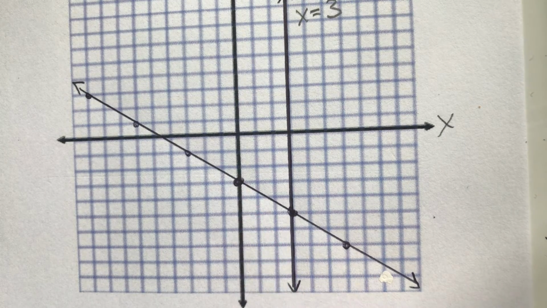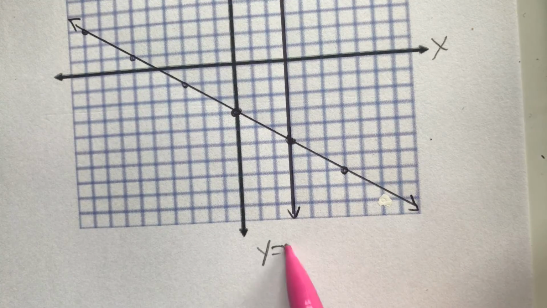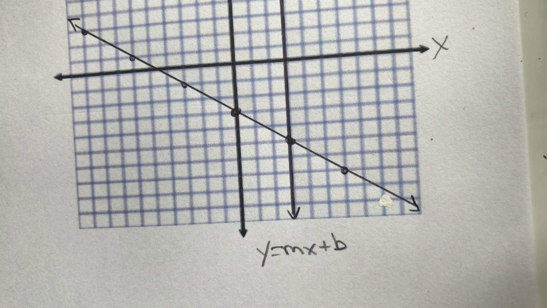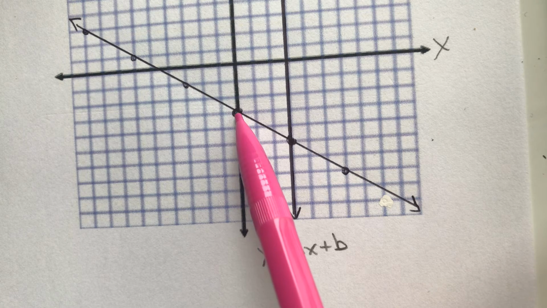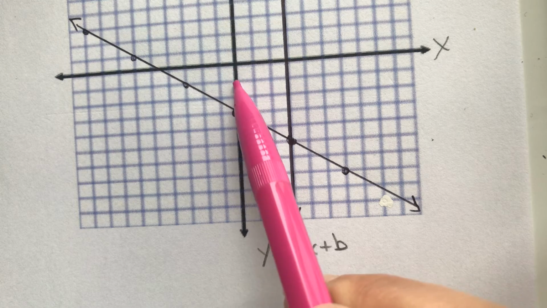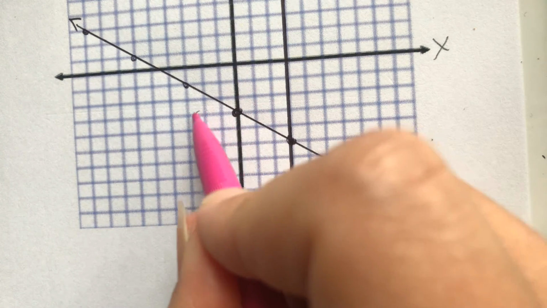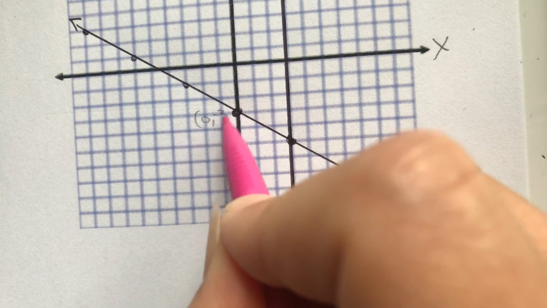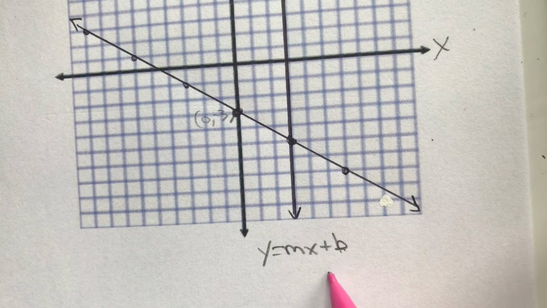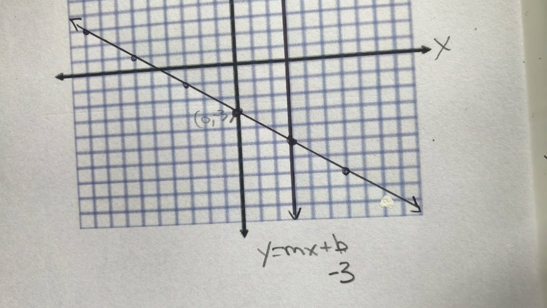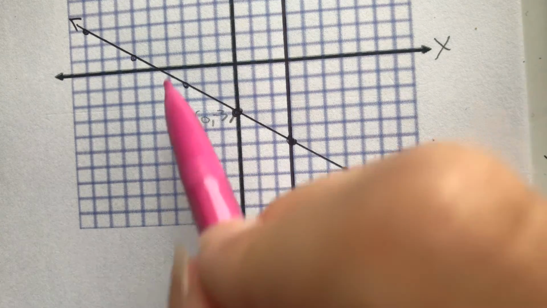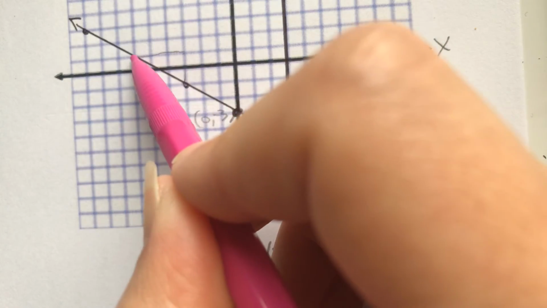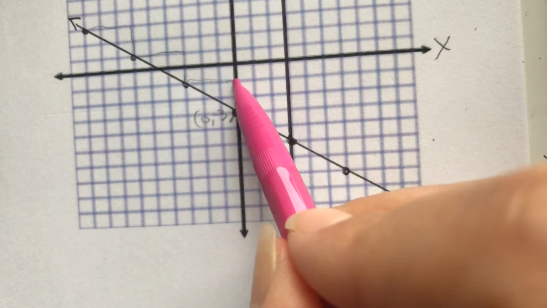All right, over here. Remember, y equals mx plus b. I'm going to show a little bit of work down here. B, which means our y-intercept, the (0, b) coordinate, is down here at 1, 2, 3. That's down, that's -3 here. (0, -3). So our b value is -3. Our slope is rise over run, so we want to look at these triangles, and they are the same all the way across our graph.